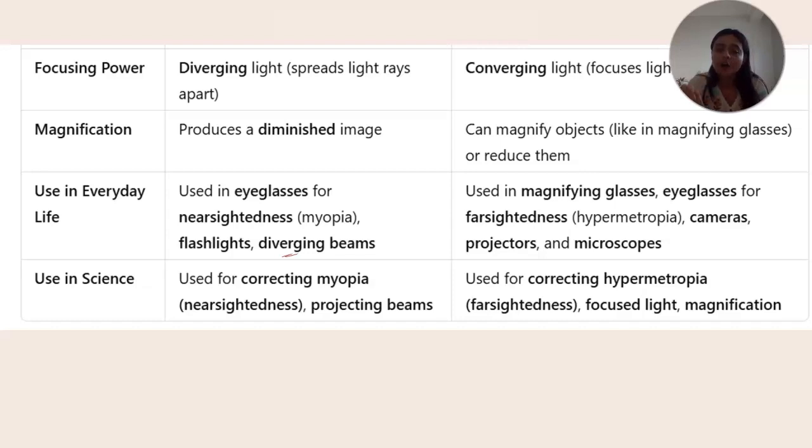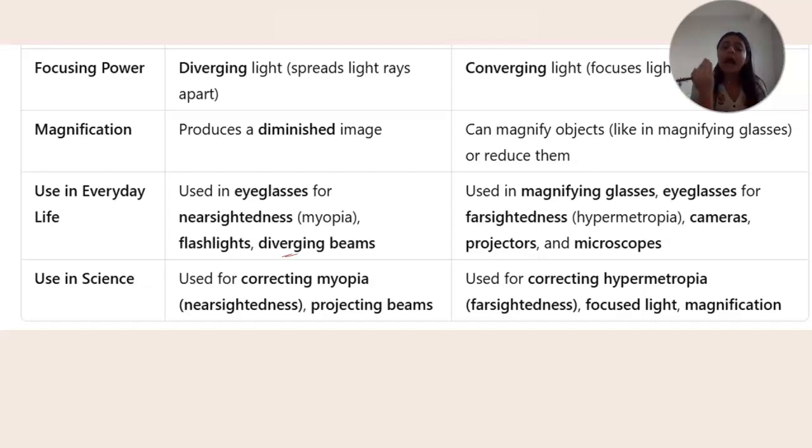They are not able to see far objects, but they can see near objects clearly. When a person is not able to see far objects, the disability is known as myopia. In myopia people use a concave lens in their specs to correct their sight.